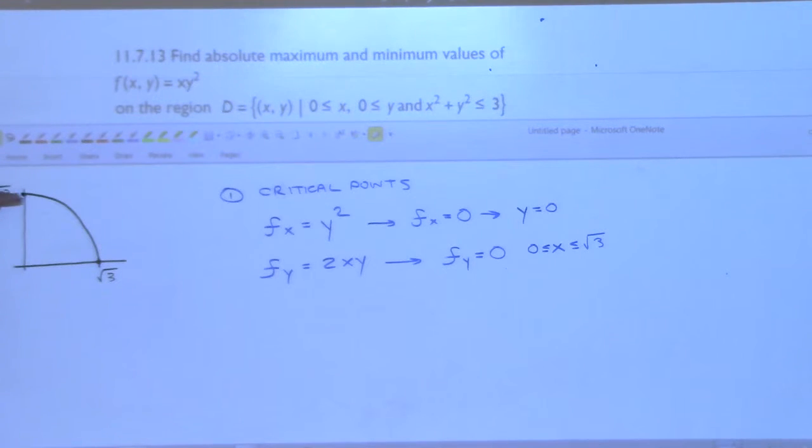So if your y is 0, you're down here, and every single point along here is a critical point. Initially you might think, oh crap, how are we going to test all those points? But it's not that big of a deal, because what's the function's value if y is 0? It's 0. So all along this edge, the function's value is 0.